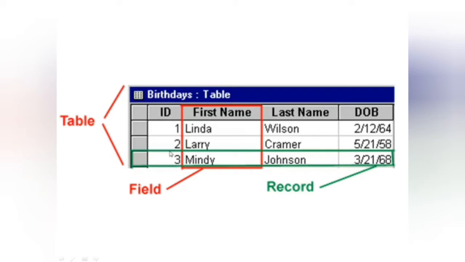Whatever is shown in green altogether will be called as records. Any row in a table, this is a row, or this could be the row, will be called as records.